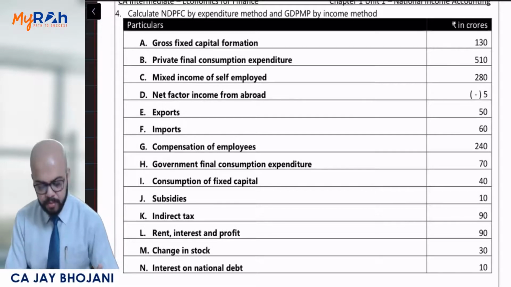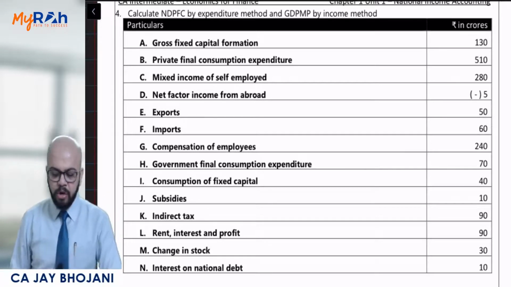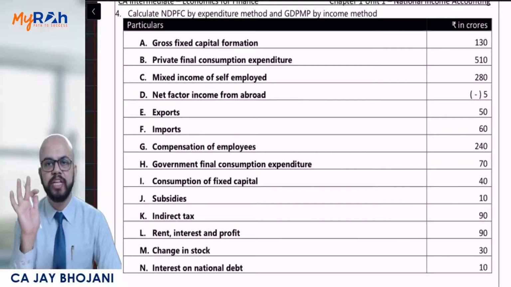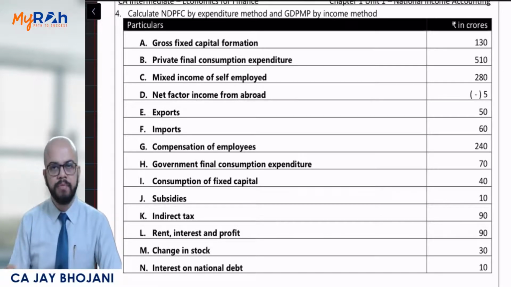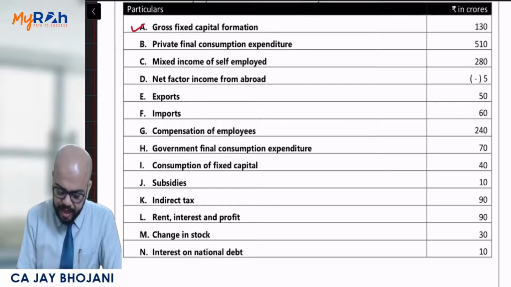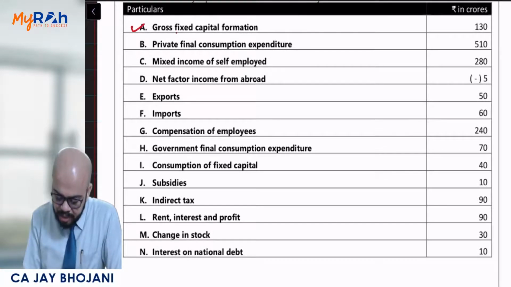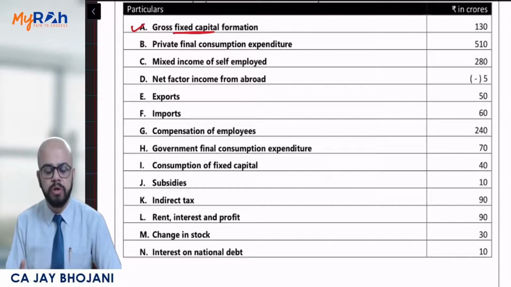Okay. First, let's try to calculate NDP-FC by expenditure method. All those items which are relevant to the expenditure method, we are going to tick with red, and we are going to consider only those items when using the expenditure method. See, gross fixed capital formation. Guys, remember it's only fixed capital formation, so if there is a change in stock, that will have to be covered here.